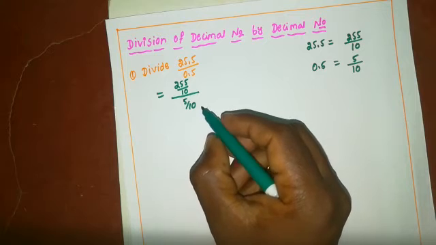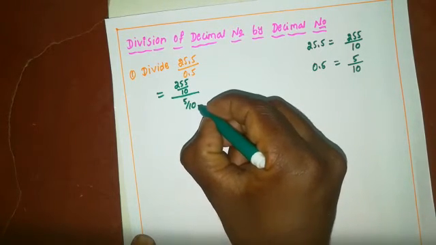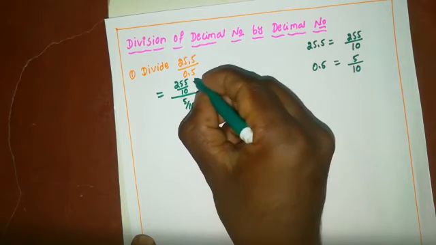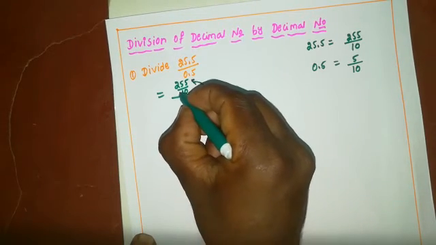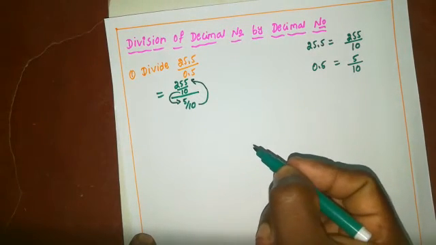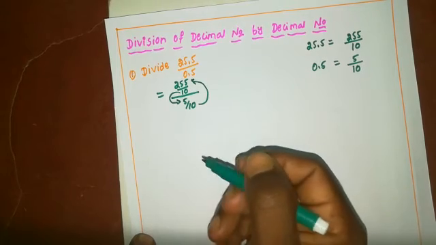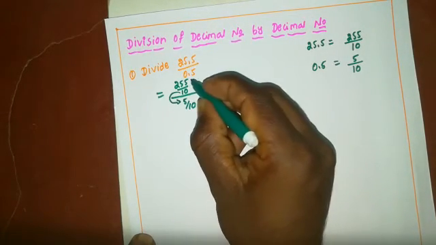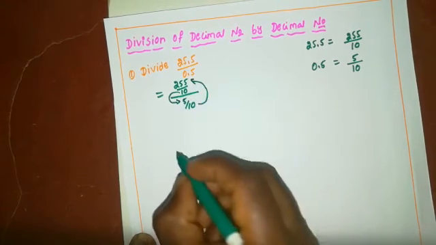The denominator of the denominator goes to the numerator, and the denominator of the numerator comes to the denominator. This is the rule. When we are dividing two fractions, we have to follow this.